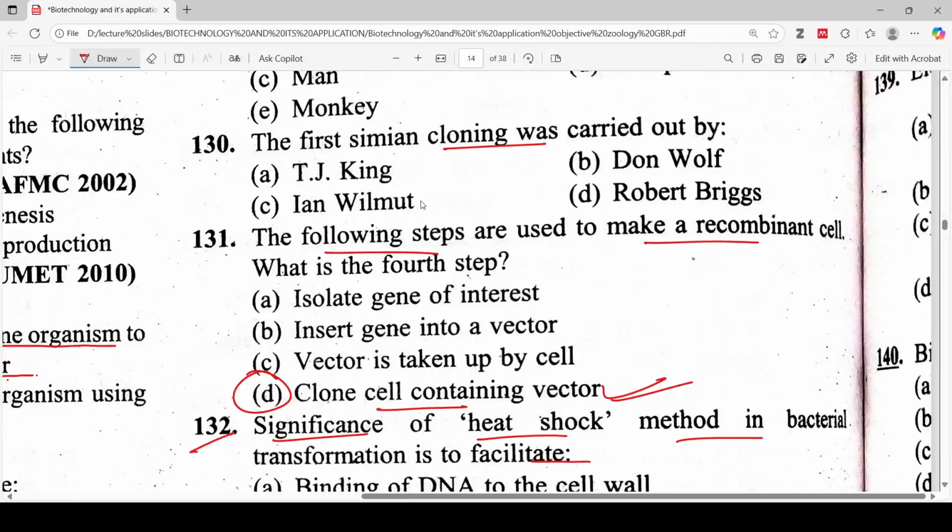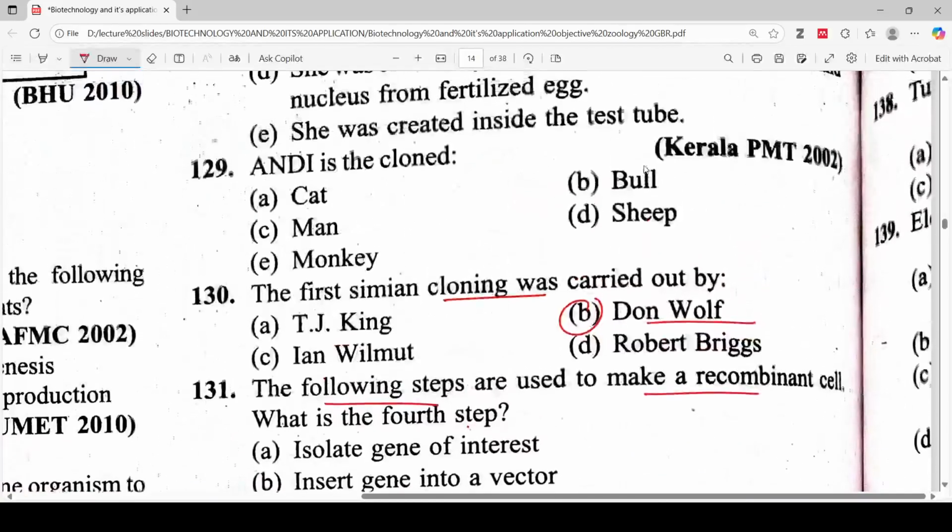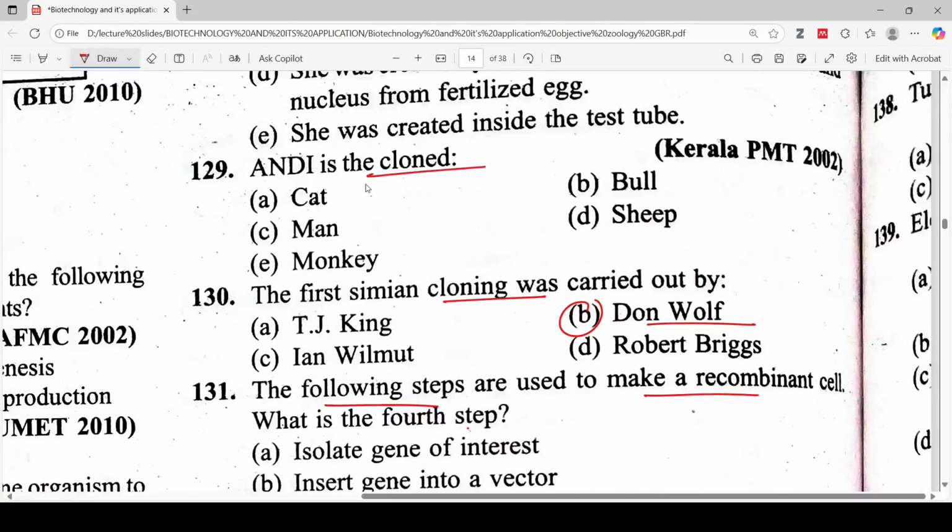So the correct answer is option B, Ron Wolf. Next question, which animal is the clone: cat, man, monkey, bull, sheep. So the correct answer is option E, monkey.